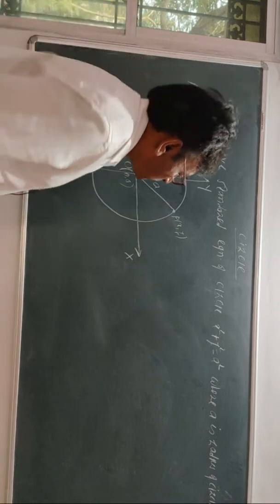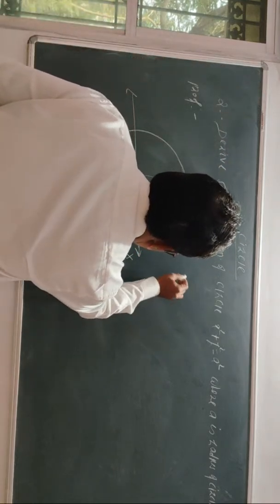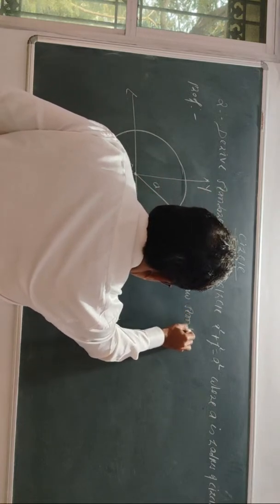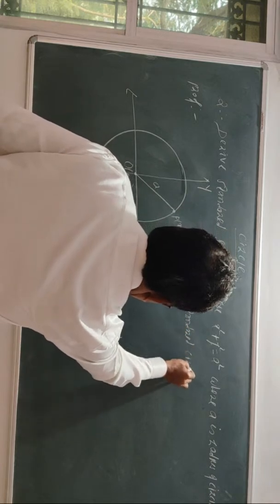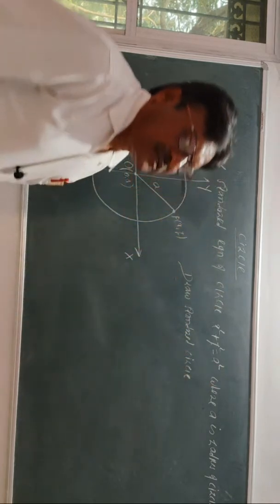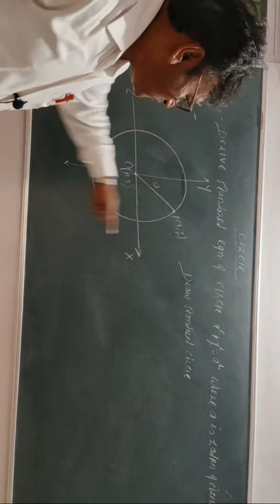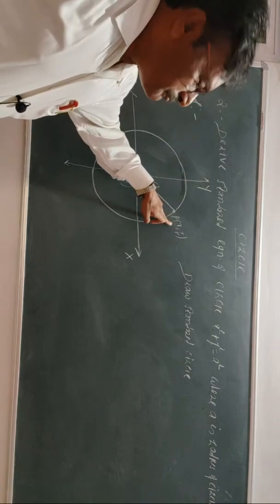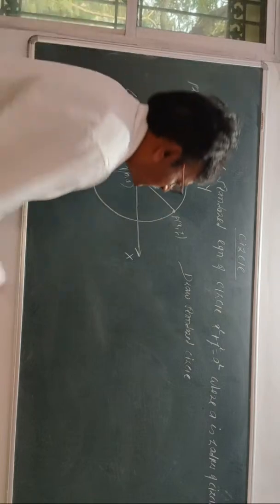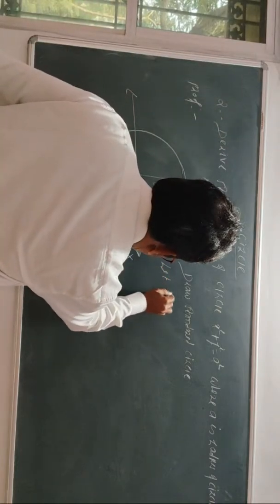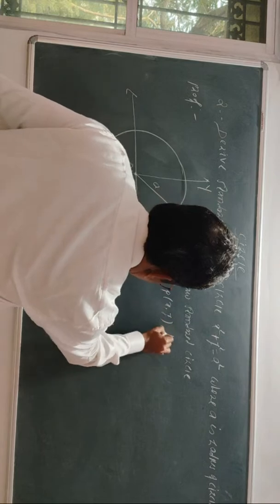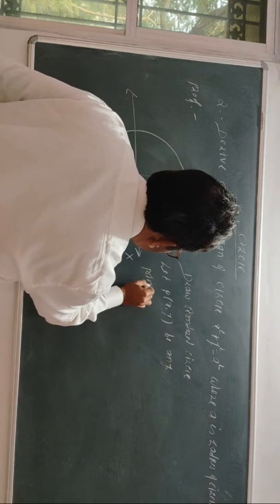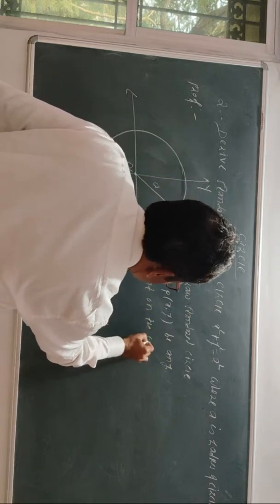So in the proof, first we draw the standard circle. Next, let P(x, y) be any point on the circle.